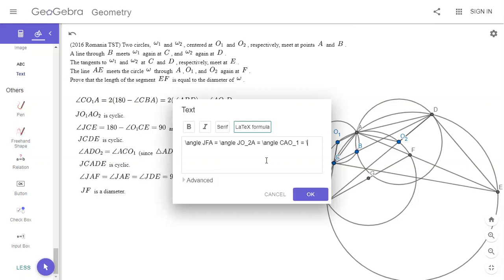Oh, actually, I think I see how to do it. Let's write it like this.